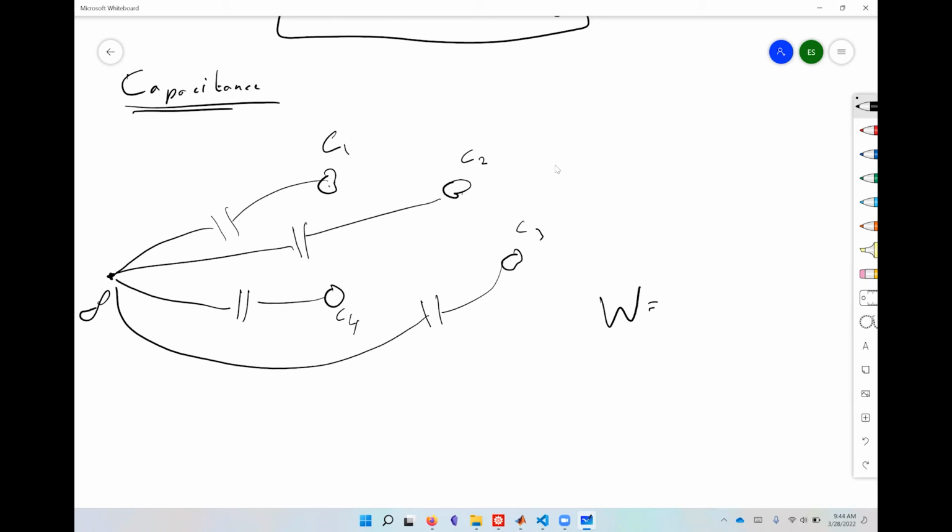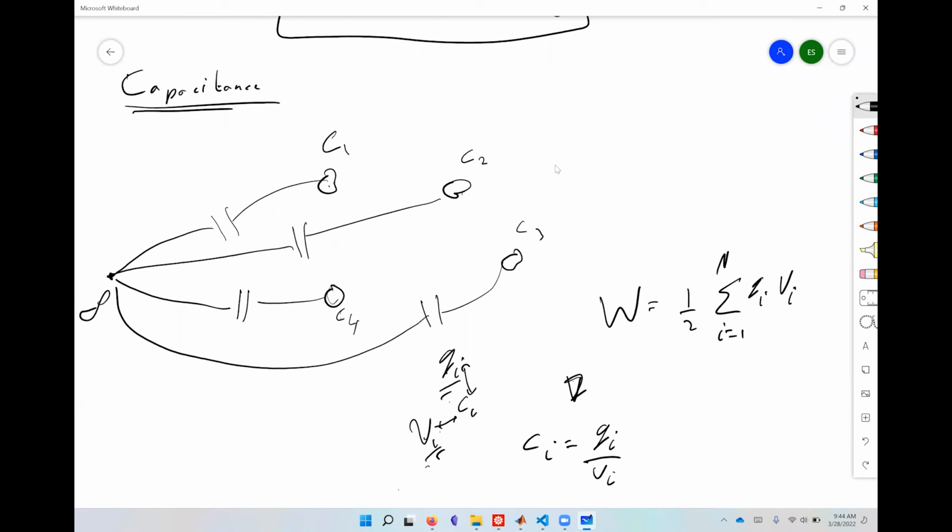To know the energy now, because you know the concept of capacitance, you don't only need to know Q. You're not required to know Q. If you know V, that's enough, because now V is tied with Q using C. So W is half the sum from i equals 1 to N of Qi Vi. Now I have this relationship between Q and V, which is Ci equals Qi over Vi. That's the beauty of capacitance.